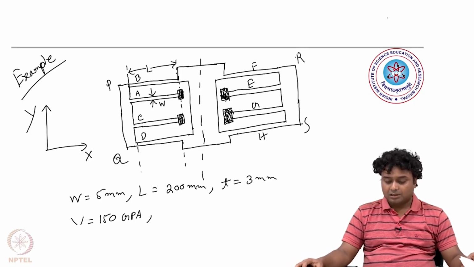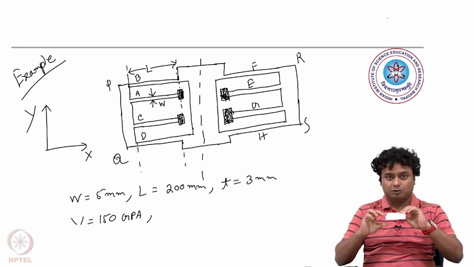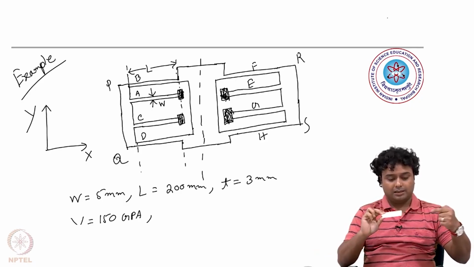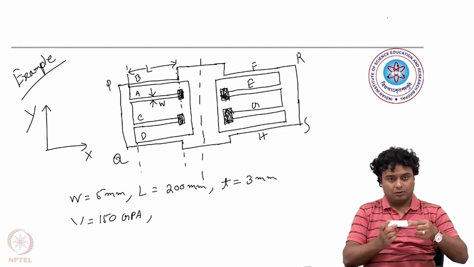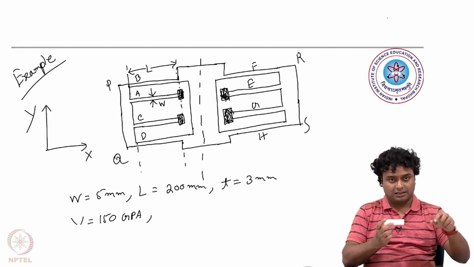Now, this proof mass is suspended, and at the end it is connected with several legs. So, this is the proof mass, and then you have these arms connected, and these arms are fixed somewhere.